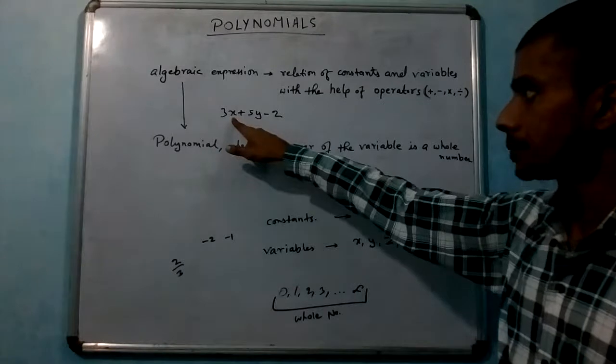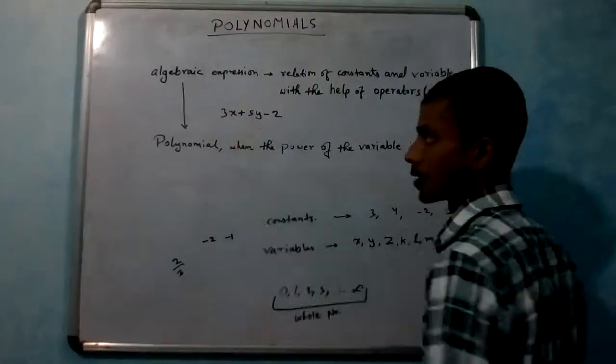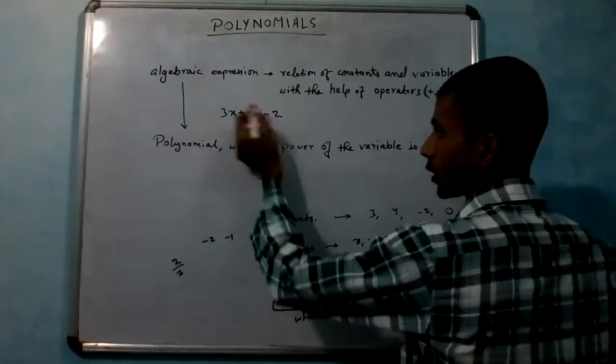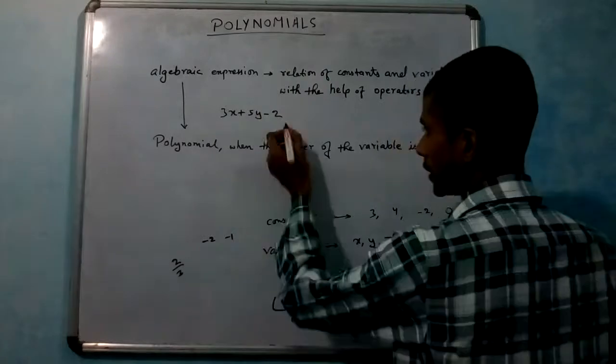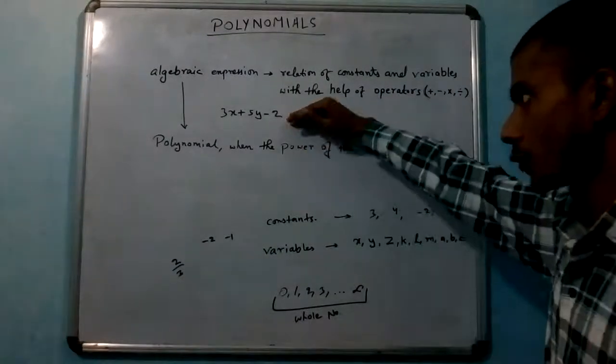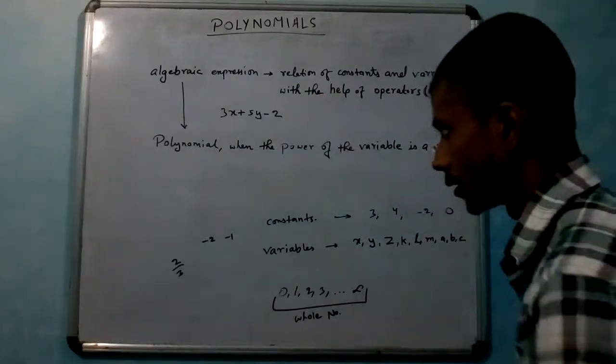What is the power of x? Nothing written, so 1, correct. Power of y, 1, correct. So 1 is a whole number, so it can be called a polynomial. Of course it is an algebraic expression, and it can also be called a polynomial.